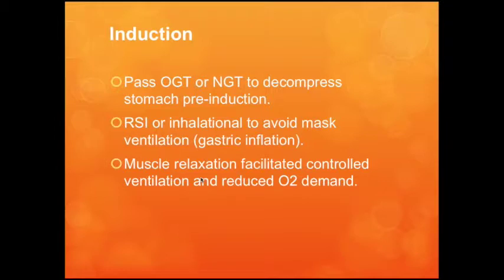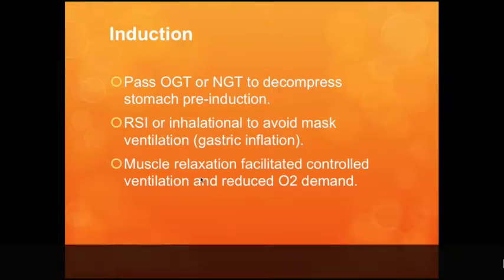So my approach now is to paralyze them all. It doesn't matter what muscle relaxant you use. Something long acting is fine because you're not going to be extubating them at the end of the case for the most part, except for the ones that are very well and presenting later, at 4 or 5 years old. But for the most part, you're not extubating, so you can use pancuronium, rocuronium, vecuronium, atracurium. It doesn't matter.